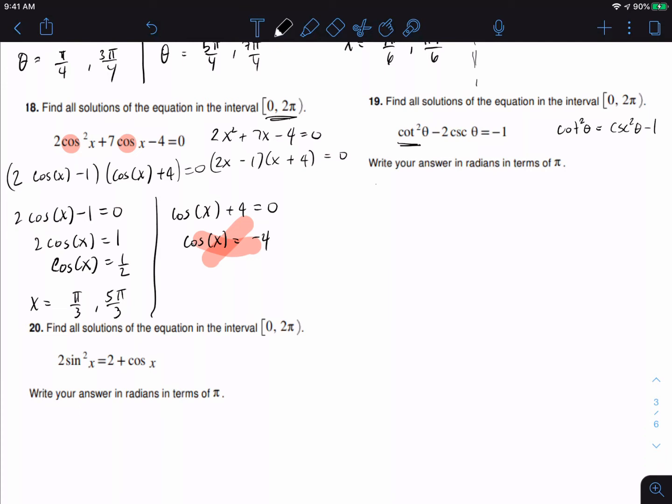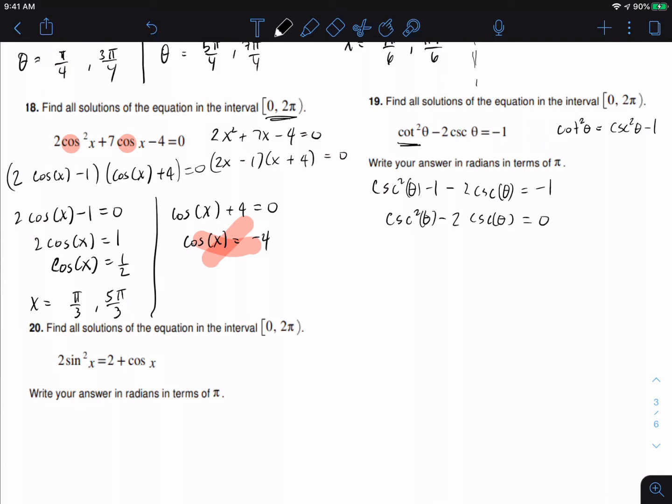So when I write this, I'm going to go, all right, cosecant squared theta minus 1 minus 2 cosecant theta is equal to -1. Now what I'm going to do is add 1 to both sides. So I'm going to get cosecant squared theta minus 2 cosecant theta is equal to 0, right?